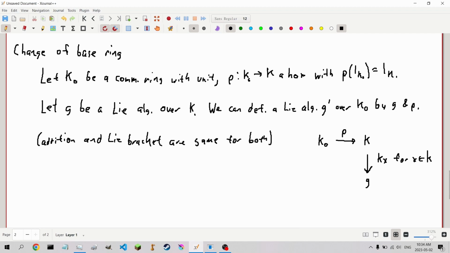And our new scalar multiplication is just the composition of these two functions.